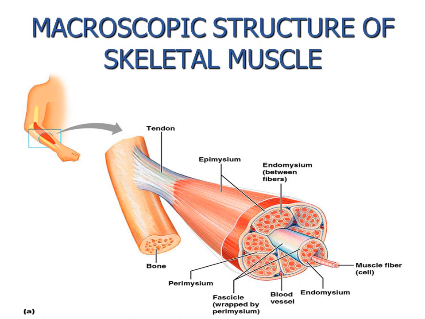Then if we were to slice open the epimysium and start to dissect open the bicep muscle, we would see that contained within the bicep muscle are several bundles of muscle cells, and we call those bundles fascicles. So the bicep muscle is nothing more than a grouping of hundreds or thousands of fascicles.